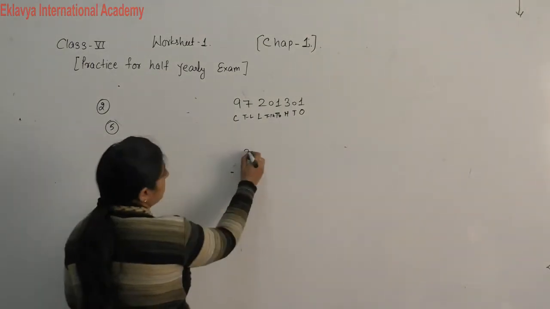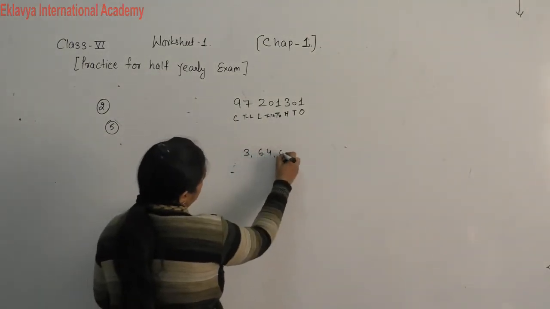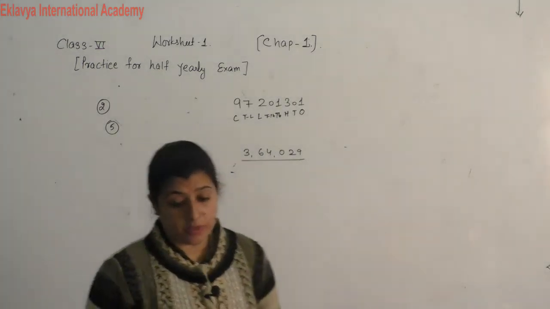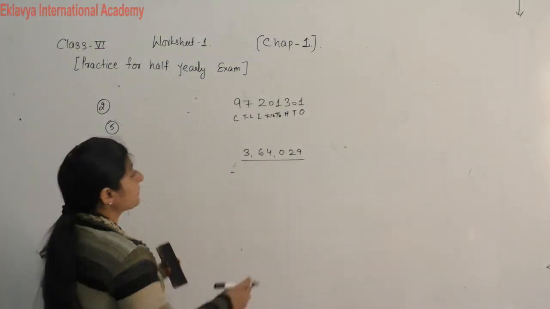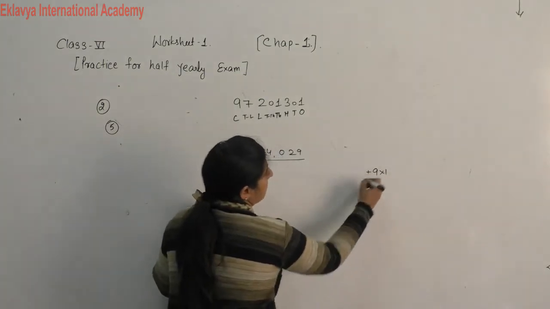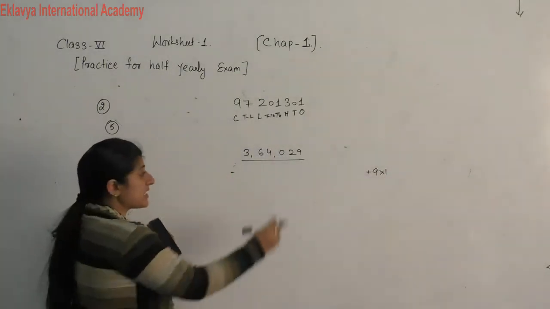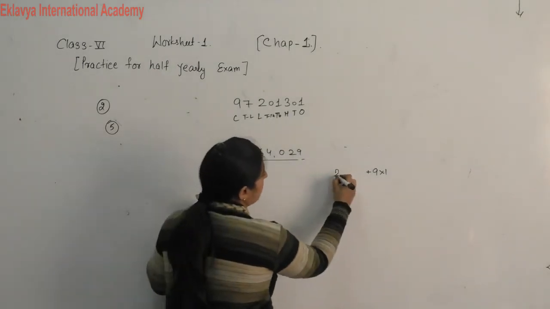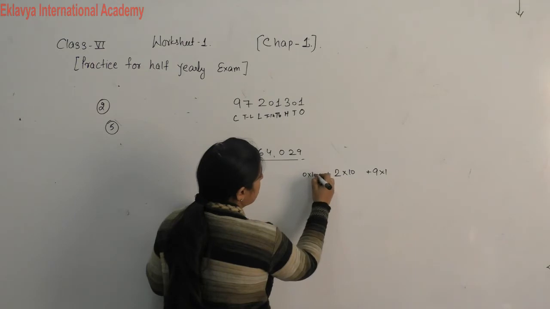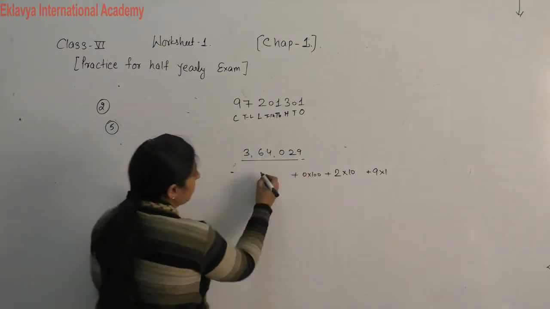Next question, see, express 3,64,029 in expanded form. Expanded form: ones digit multiply by 1. Tens digit multiply by 10. Hundreds digit multiply by 100.